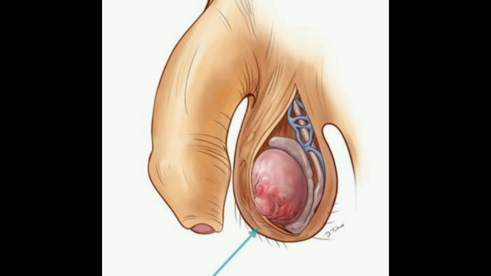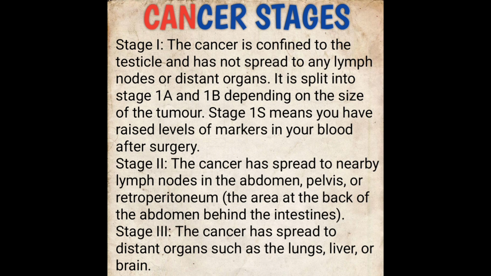Stage 1, the cancer is confined to the testicle and has not spread to any lymph node or distant organ. It is split into stage 1A and 1B, depending on the size of the tumor. Stage 1S means you have raised levels of markers in your blood after surgery. That is, the tumor markers are raised.